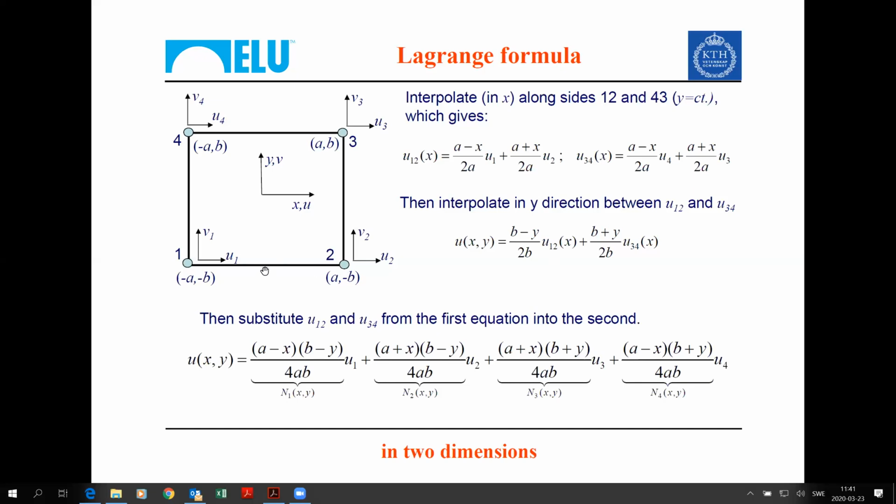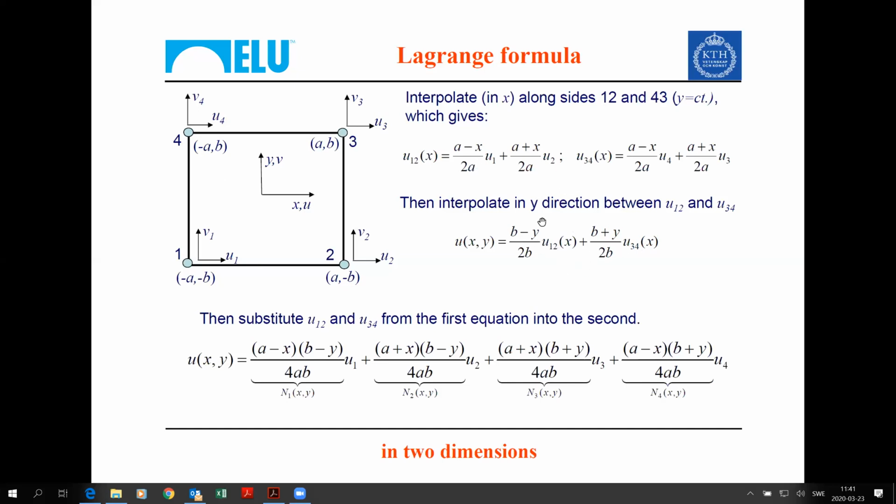So at any position x here, if we interpolate along a vertical line, we will obtain u of x and y, which is (b minus y) divided by 2b times u12 of x, wherever this might be placed, plus (b plus y) divided by 2b times u34 of x. We know this, we know this.